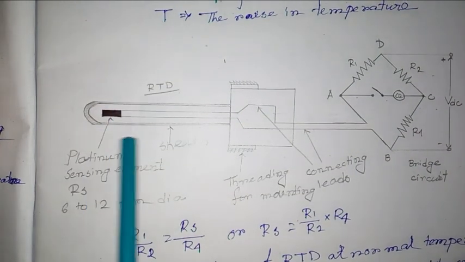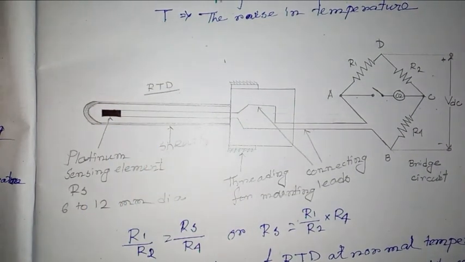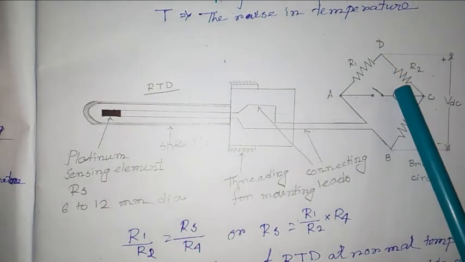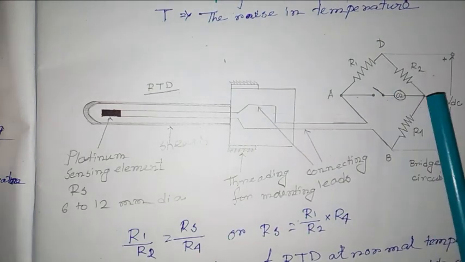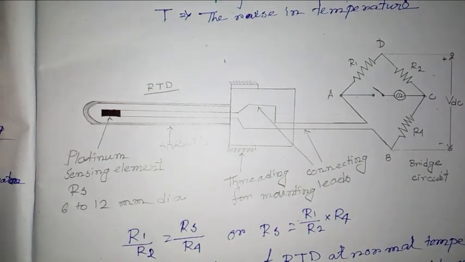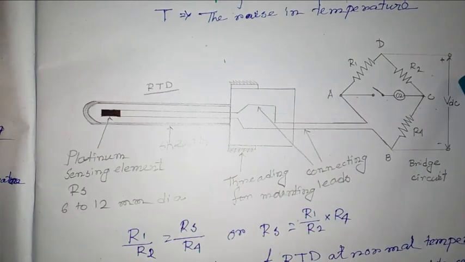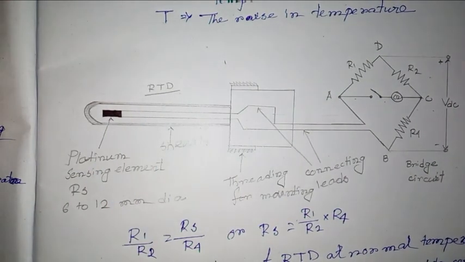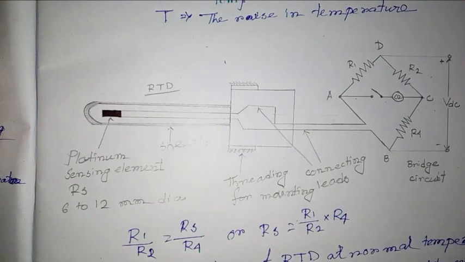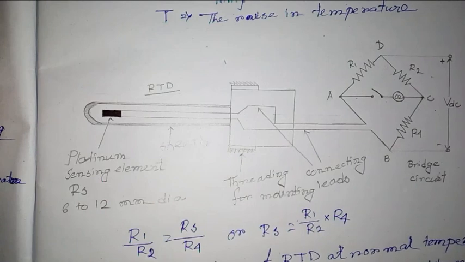When temperature increases here, the value of Rs will increase, and hence the galvanometer will show some deflection due to the voltage appearing across the bridge terminals B and D, a voltage VDC. The more the temperature rises, the more unbalanced the bridge will be, and the more the deflection of the galvanometer pointer.